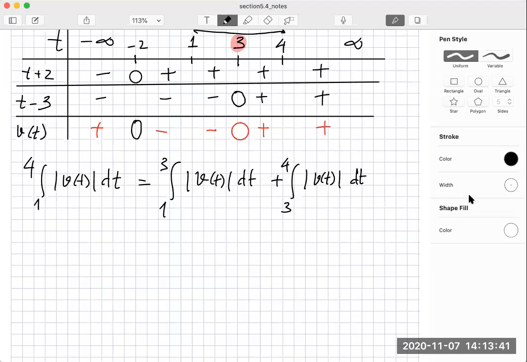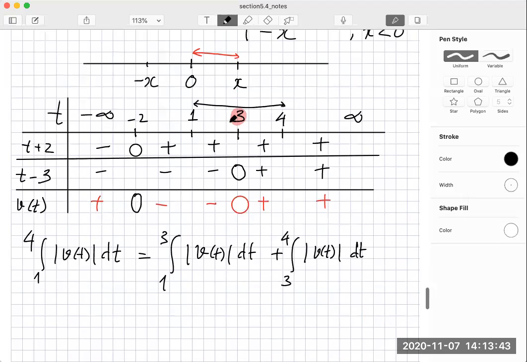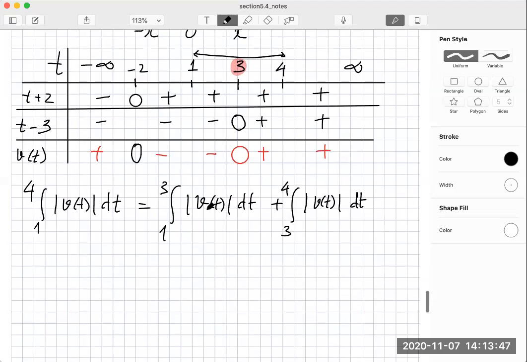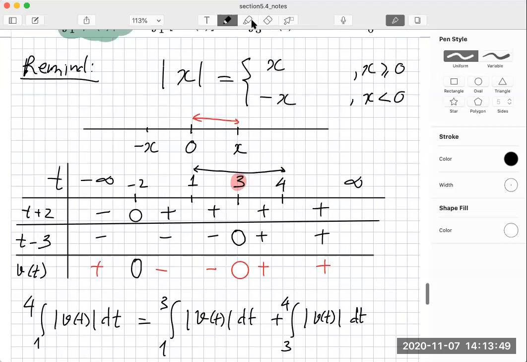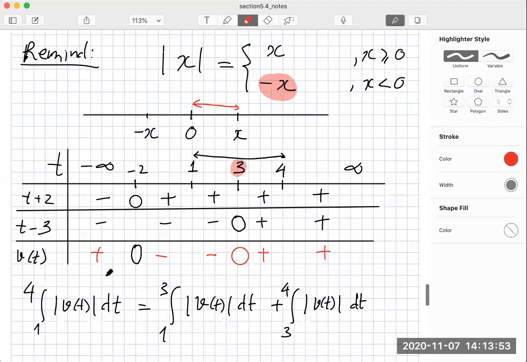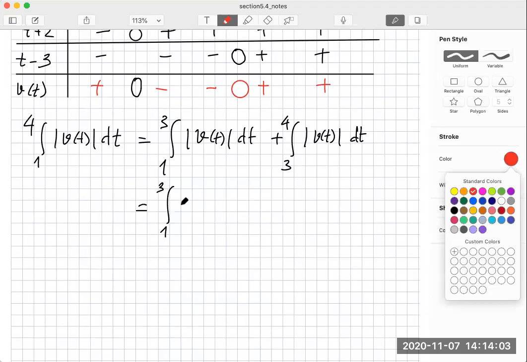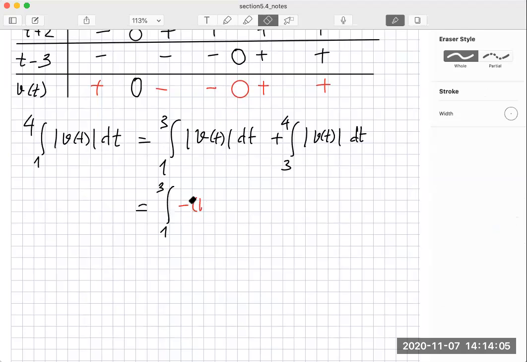So now we know that from 1 to 3, the function is negative. Therefore, we can get rid of the absolute value sign, right? And absolute value of v(t) becomes negative of v(t) on this interval.